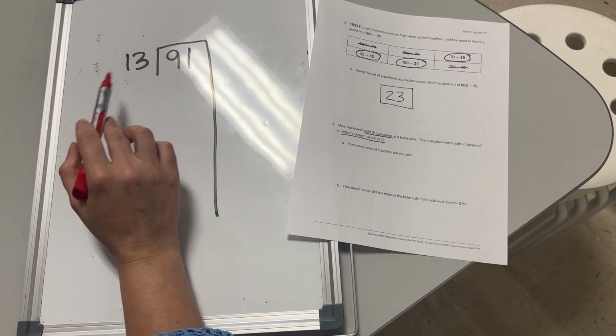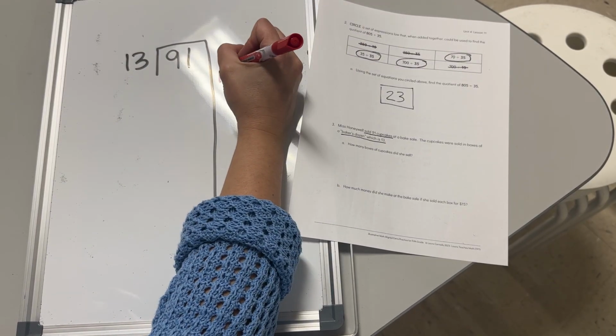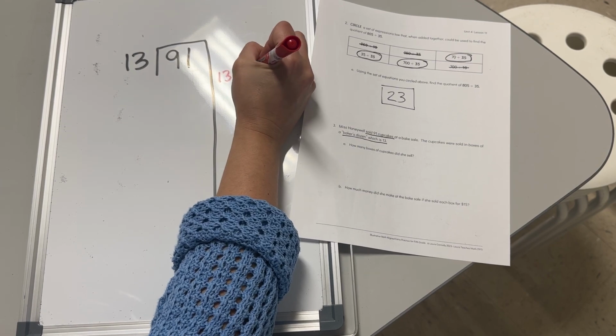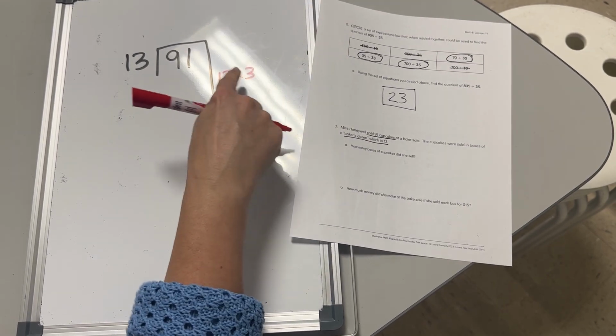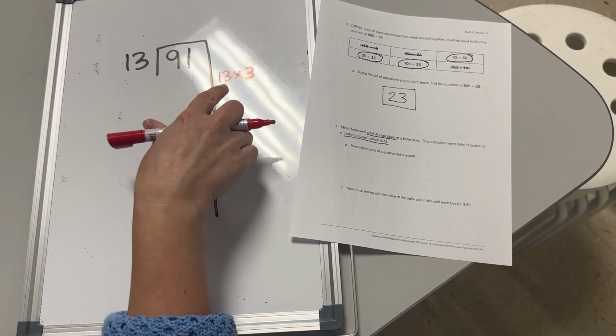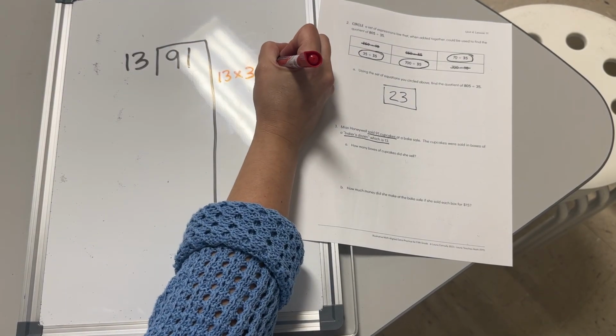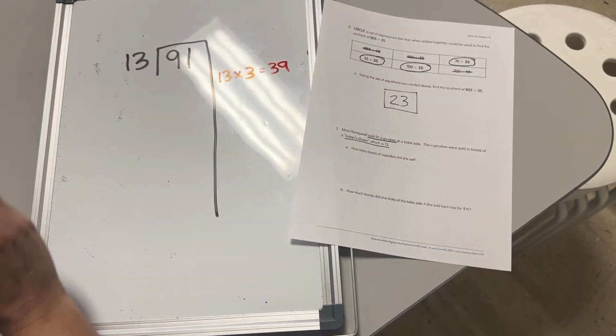So looking at this, I know that I can do 13 times 3. That to me is an easy number to multiply because I don't have to do any regrouping. Why? Well, because 10 times 3 is 30, 3 times 3 is 9, so it's just 39. I don't have to regroup at all.